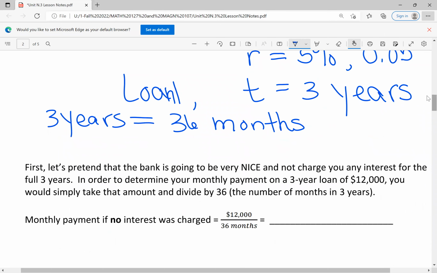First, let's pretend that the bank is going to be very nice and not charge you any interest for the full 3 years. So in order to determine our monthly payments, we are simply going to take our $12,000 and divide it by 36. Remember, that's the number of months in 3 years.